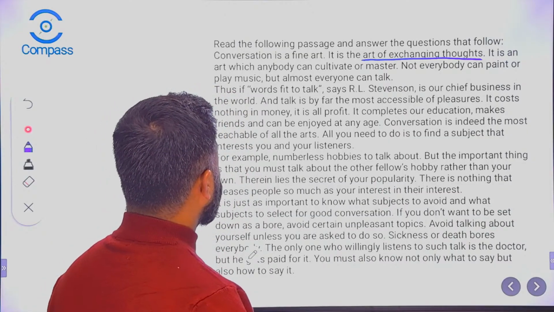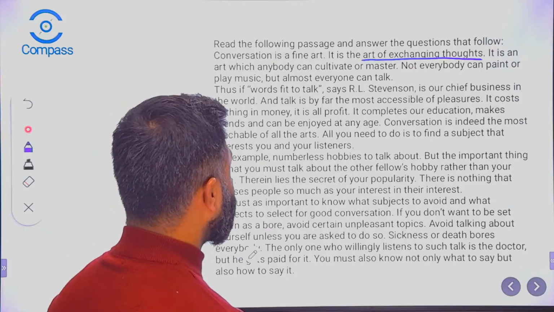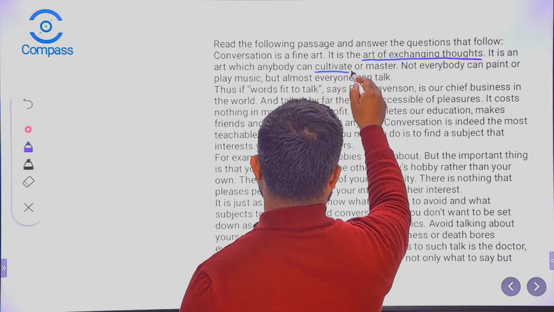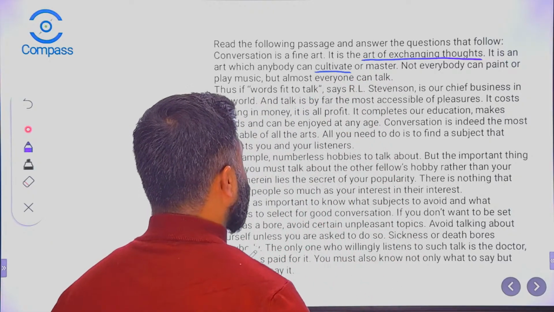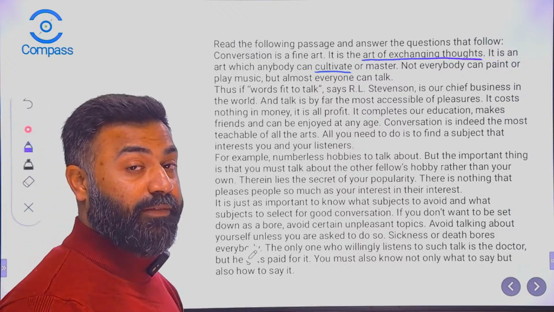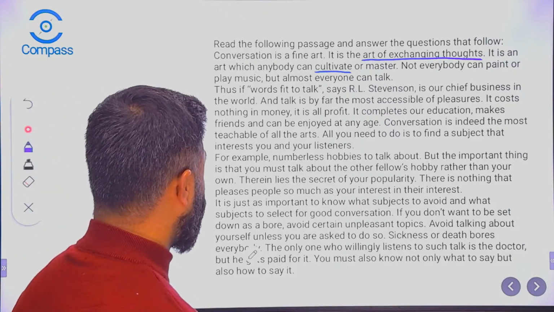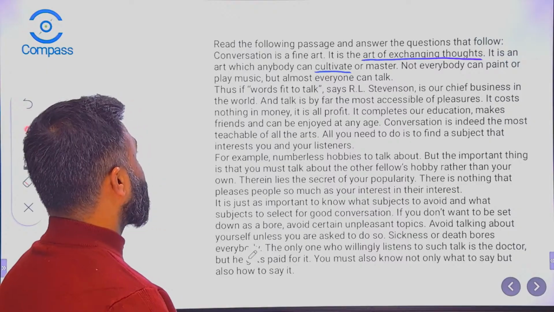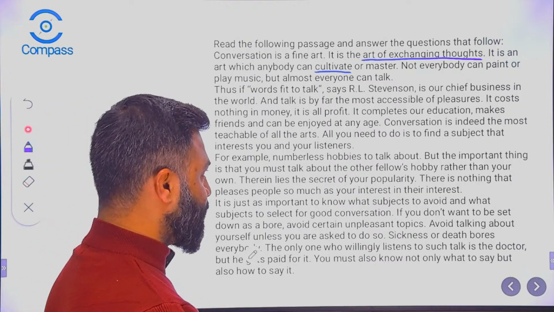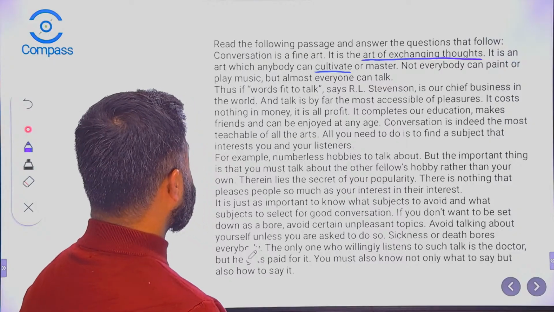It is an art which anybody can cultivate or master. Yes, it needs to be cultivated. Not everybody can paint or play music, but almost everyone can talk. Yes. Thus, if words fit to talk, says R.L. Stevenson, is our chief business in the world.